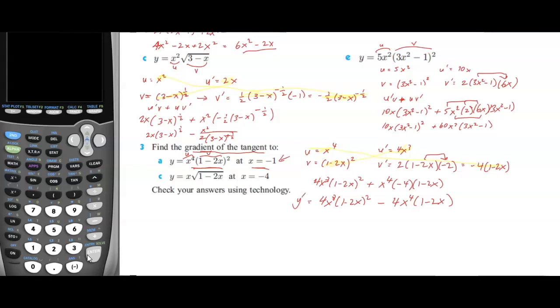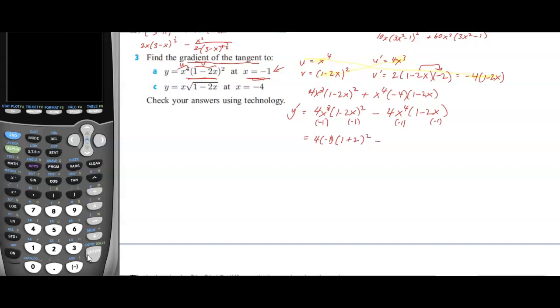And I want to find the value of this derivative at negative 1. So we're just going to substitute in negative 1 here, negative 1 here, negative 1 here, and negative 1 here. And let's see what we get. 4 times negative 1 cubed would just be negative 4. 1 minus 2 times negative 1 is 1 plus 2, squared.